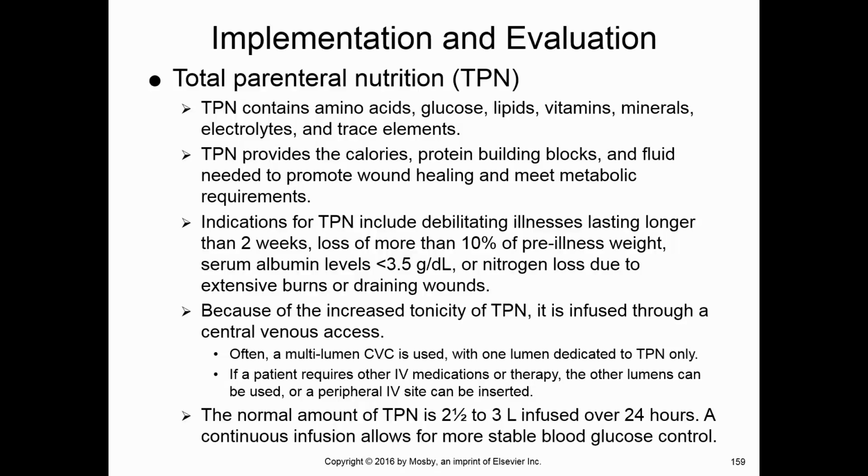Here's all the reasons that we might be giving TPN, the indications. So their illness is a long illness. They're not able to eat. They've lost more than 10% of their body weight. Their albumin levels are low.